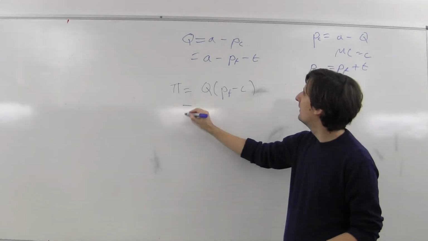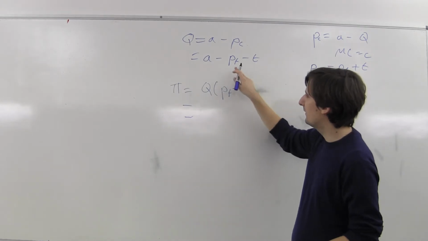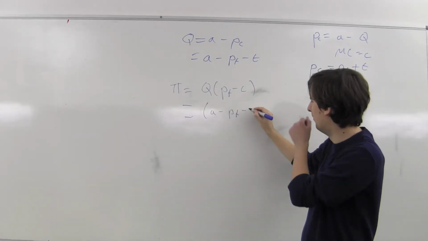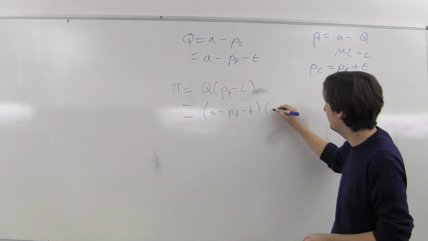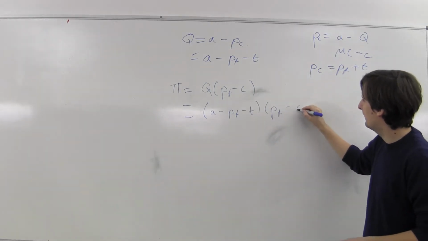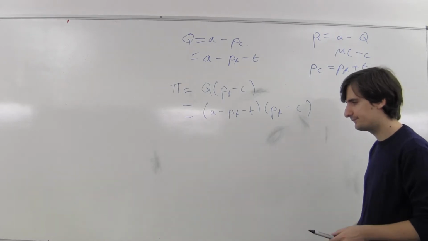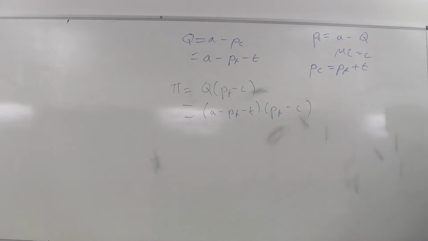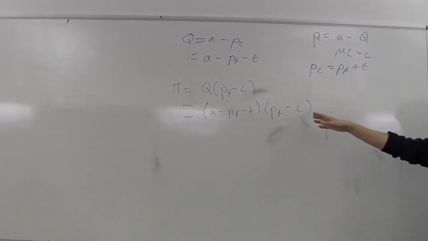Here's the quantity that's demanded at that price PF: it's A minus PF minus T, times PF minus C. Let's see if we can use that trick that I showed you in the lecture to maximize this function. So without doing any differentiation, what's the maximum of this function? Or at least how would you find it?